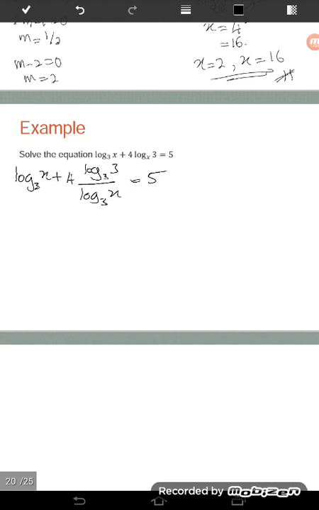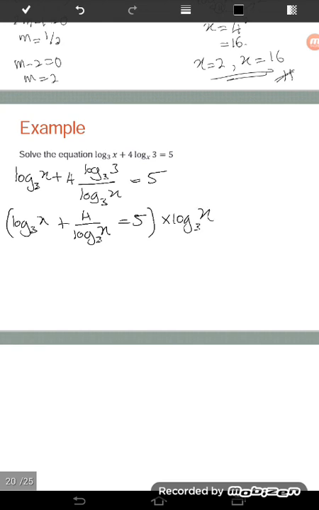Okay, so we have here log x base 3 plus, so log 3 base 3 is 1, and then times by 4, we have 4 over log x base 3, which is equal to 5, and then cancel the denominator, so we times all of this equation with log x base 3.